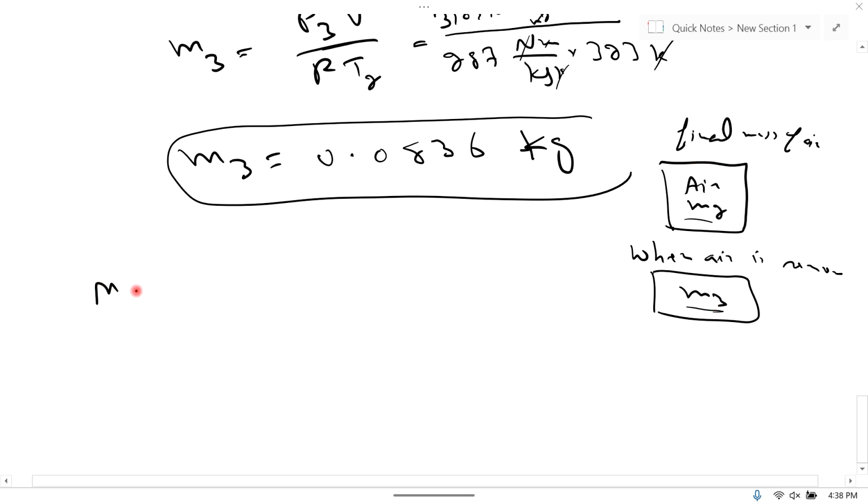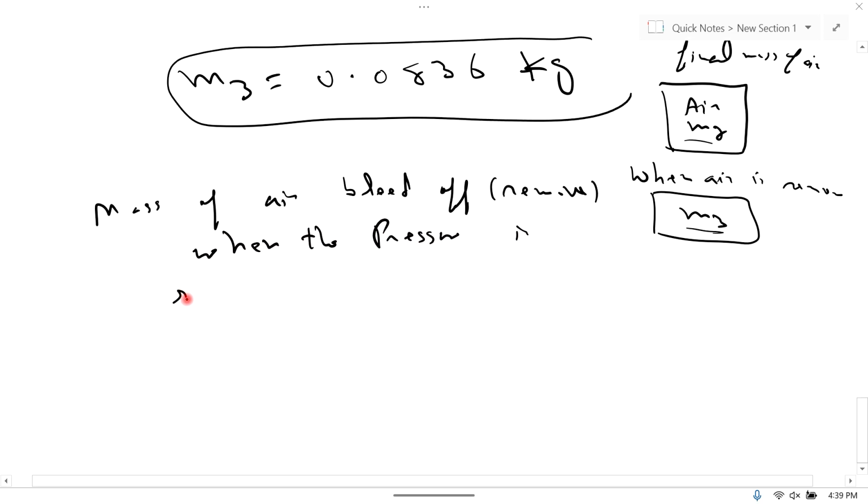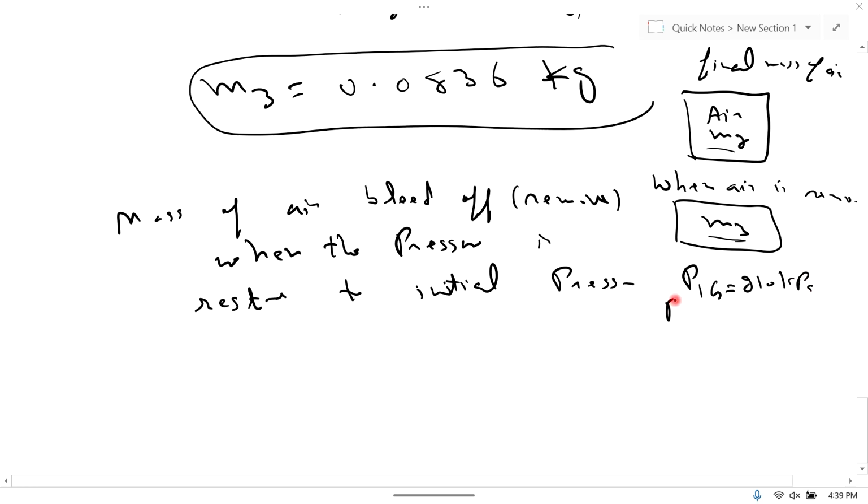So the mass of air bled off or removed when the pressure is restored to the initial pressure. The initial pressure P1 gauge is 210 kilopascal, and in absolute it is 310 kilopascal.